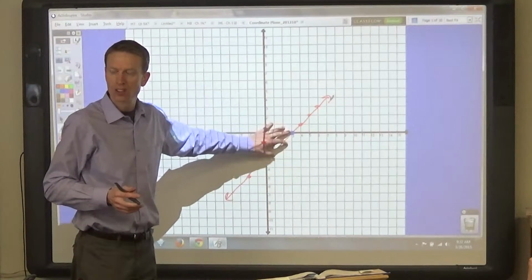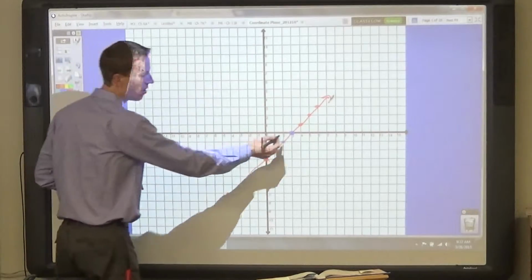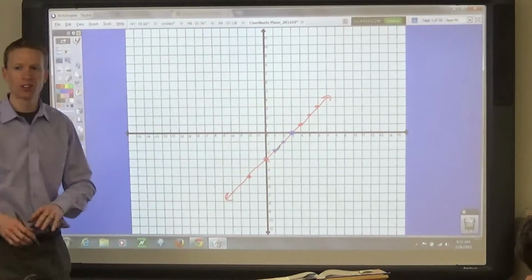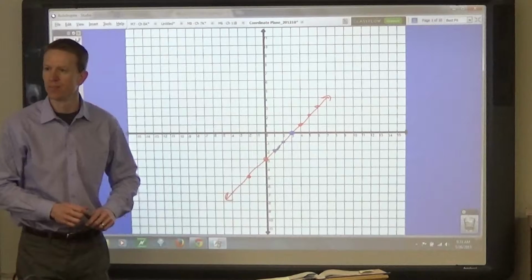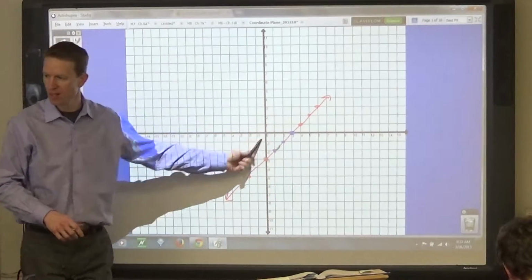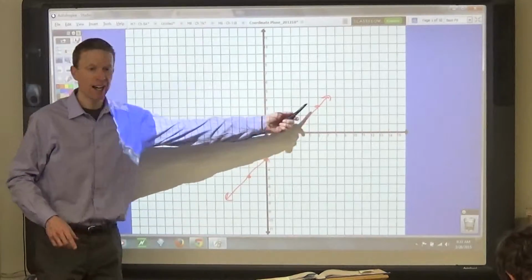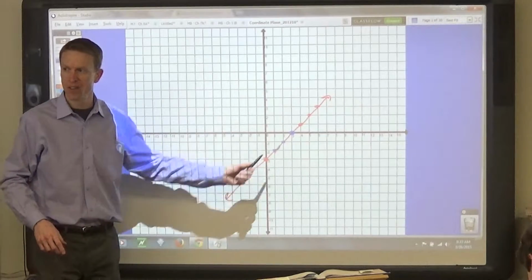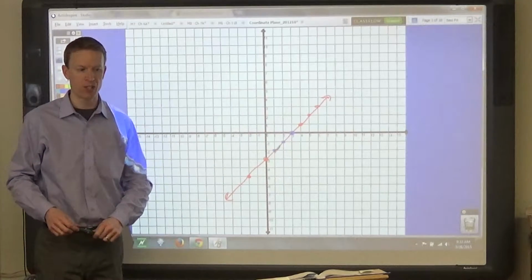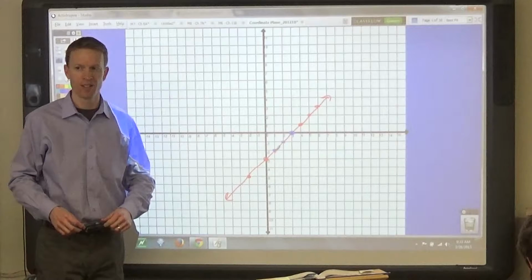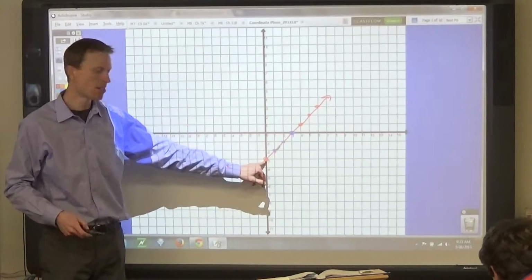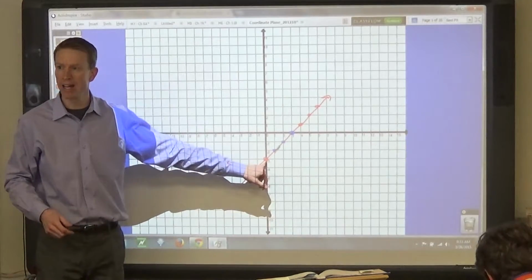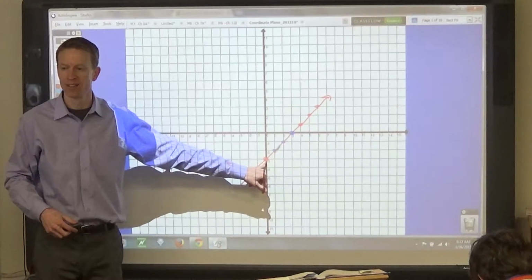So, our solution is not necessarily these 3 points. Our solution is the line. The line is the solution for the equation. Your line has to have the y-intercept at what?